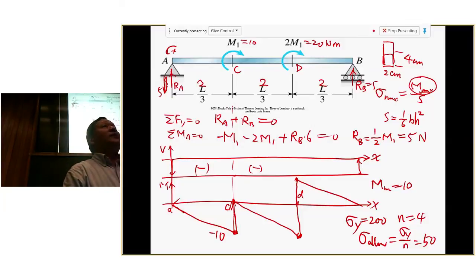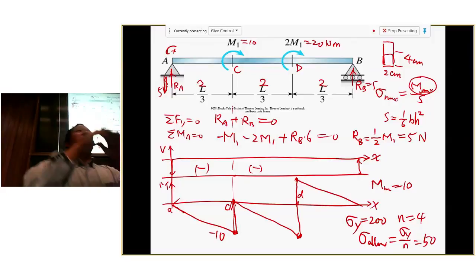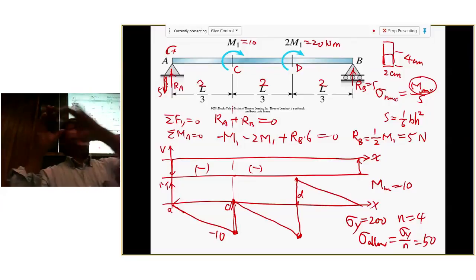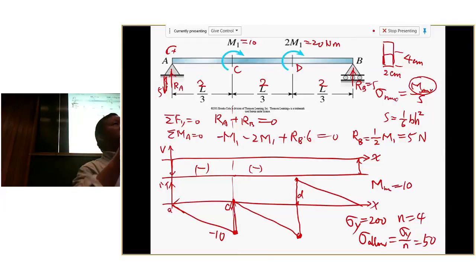And I need to find a beam that can carry the stress up to 50 with a safety factor of 4 there, right? Okay, now what you can do to design this beam that fits this need, right? You go to Home Depot, find the beam with certain dimensions, right? So what the dimension you can select?